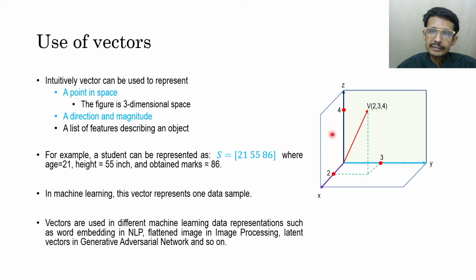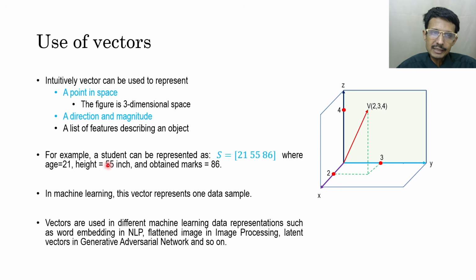And these vectors are basically used in machine learning to hold the features, so we call them feature vectors. These are features describing an object or an image, a video, or whatever.